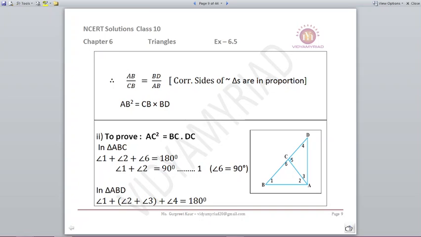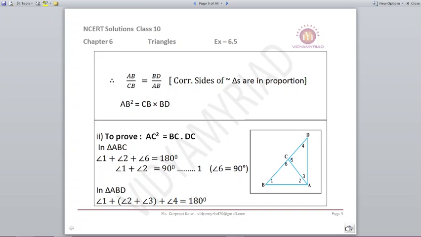Now let us look into the second part. To prove AC square is equal to BC into DC. Now we want AC square. For doing this, let's take triangle ABC. In this case, using angle sum property, we come to know that angle 1 plus 2 is equal to 90 degrees because 6 is 90 degrees.